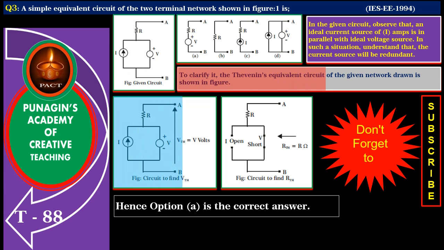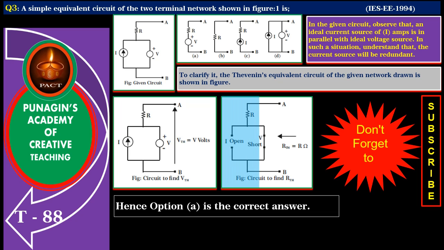To clarify it, the Thevenin's equivalent circuit of the given network drawn is shown in figure. You find that V Thevenin is equal to 5 volts as this voltage source is directly connected across the terminals A and B, and A and B is open. So, no current will flow through R.